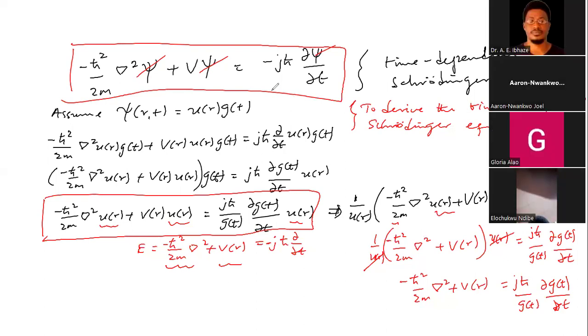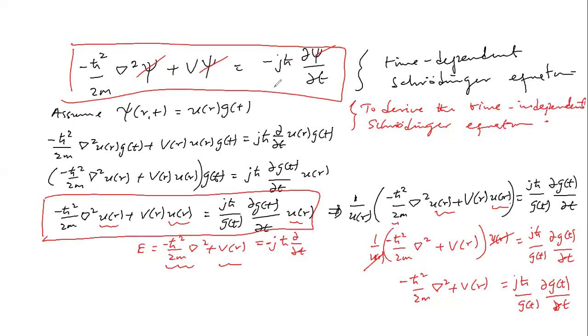Okay? And then, there's no negative here. That's on the other side for the Schrodinger equation, right?